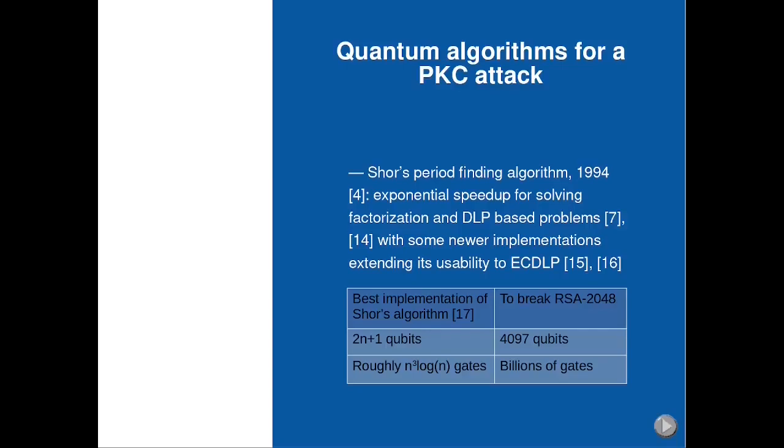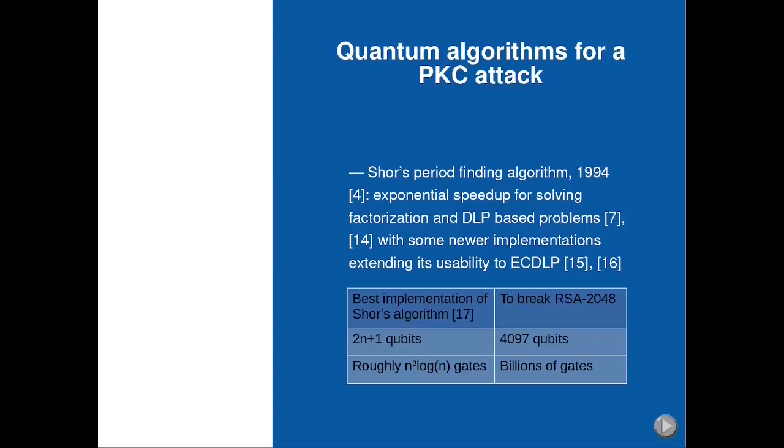It provides an exponential speedup for solving factorization problems and discrete logarithm problems. Now there are some newer implementations of these algorithms that extend its usability to elliptic curves as well.